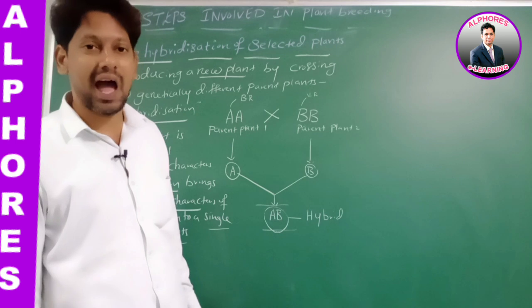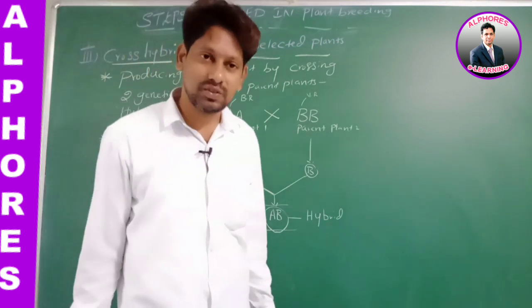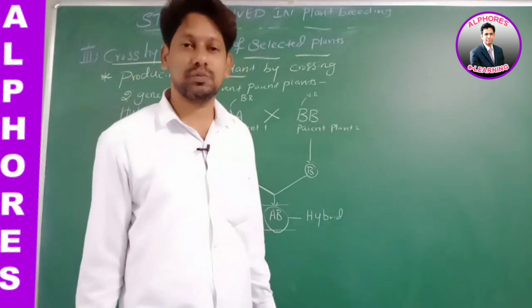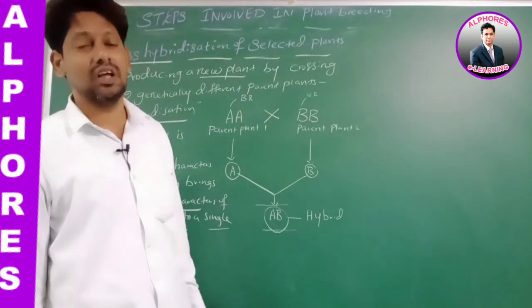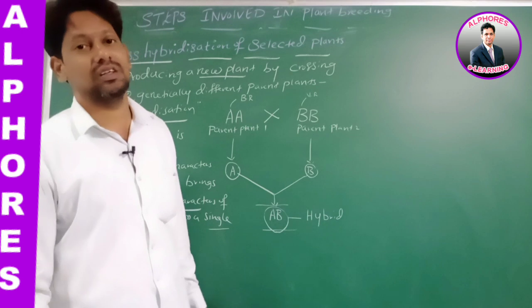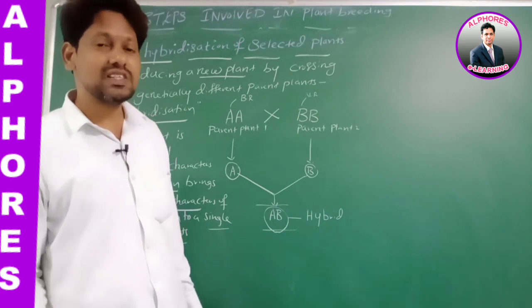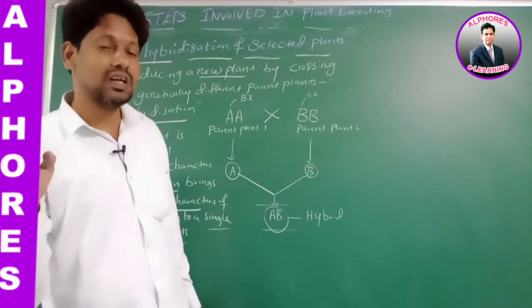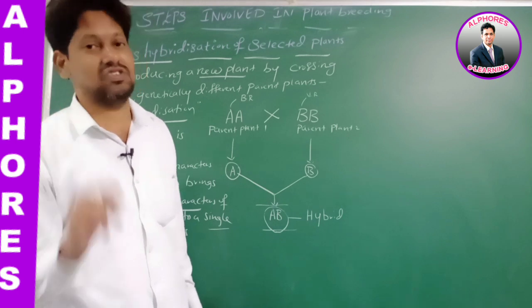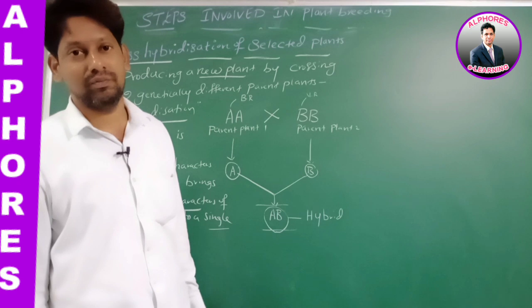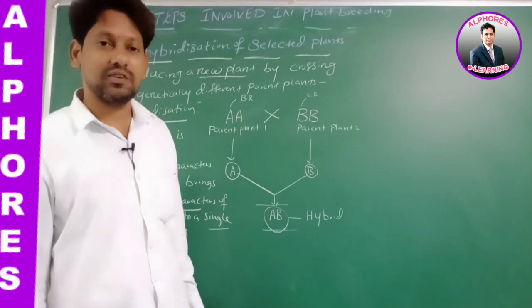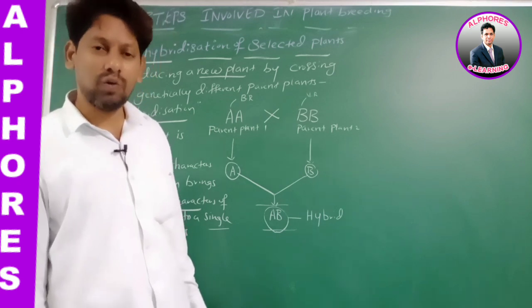Bagging. The fourth step? Artificial cross pollination. After artificial cross pollination, we have to re-bag it. These are the steps we discussed in first year. Therefore, once again you have to check those statements.